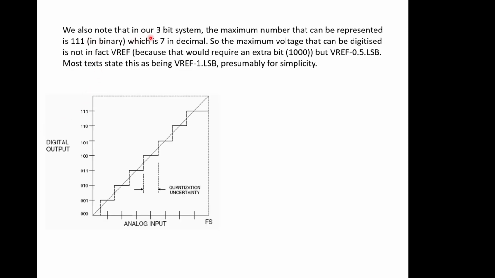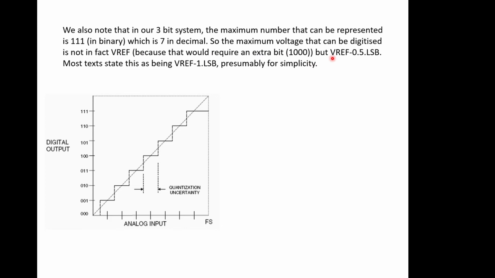But we also note that in our 3-bit system, the maximum number that can be represented is 111 in binary, because if we go any higher than that, we need another bit, and that's actually 7 in decimal. So the maximum voltage that can be digitized is not VREF, which is our reference voltage we compared against, because that would require this extra bit to make it 1000.